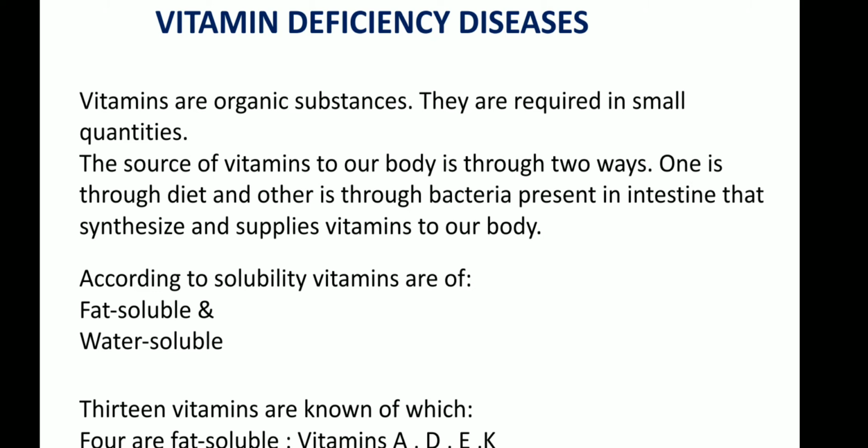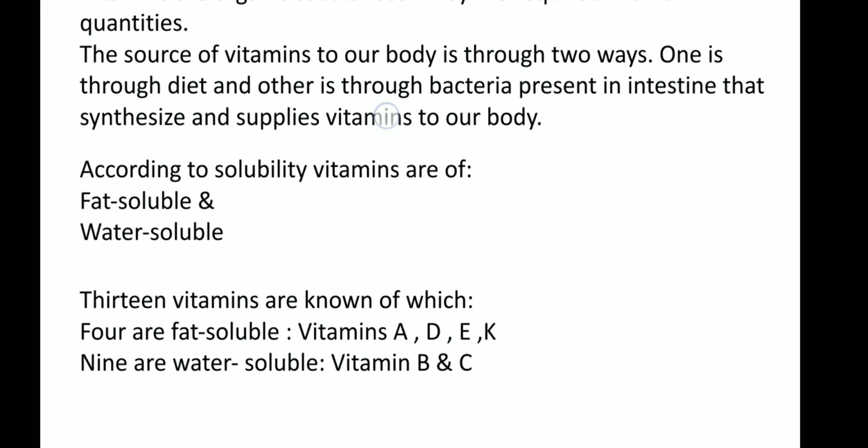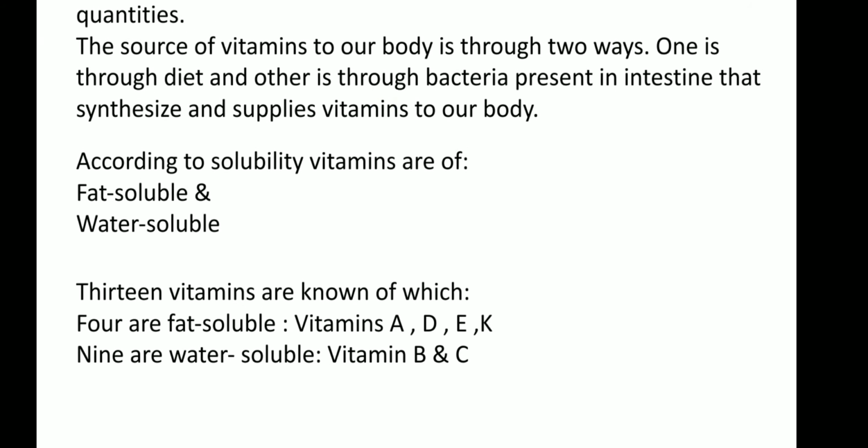One way is through diet, that is the food we eat, and the other is through the bacteria present in the intestine that synthesize and supply vitamins to our body. Namely E. coli bacteria, which is present in the intestine, supplies vitamins to our body.